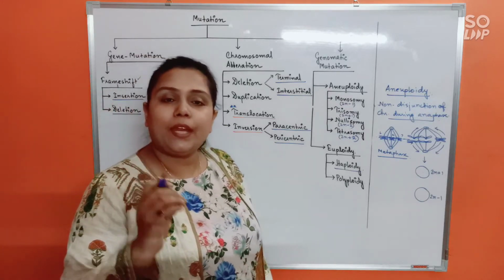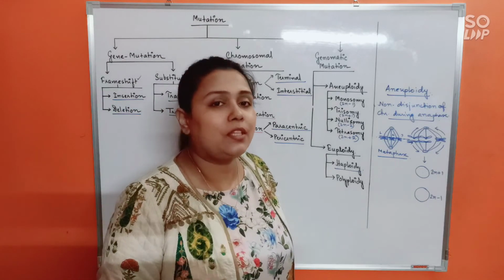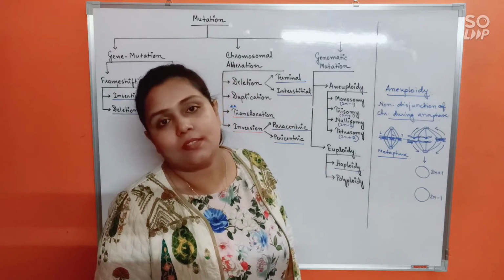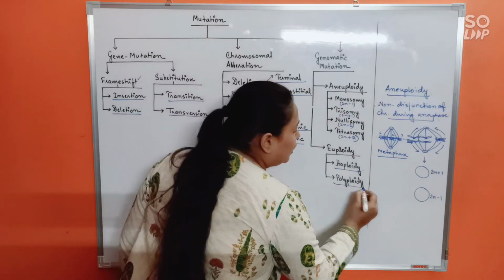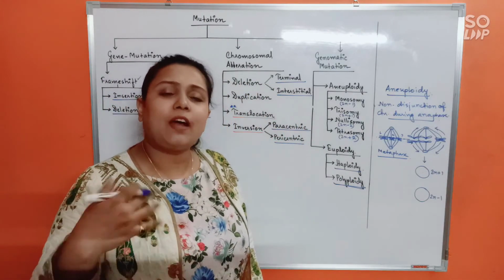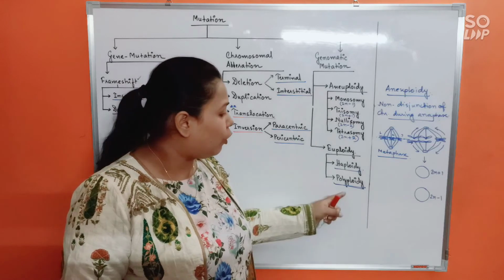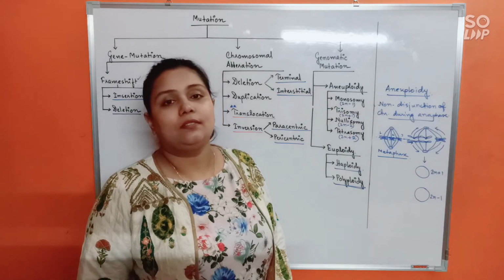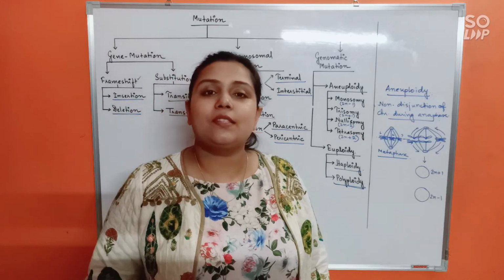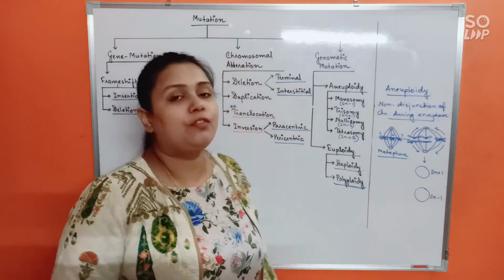Whenever a cell has more than 2 sets of chromosomes, we call it polyploid, so that is called polyploidy. That's all regarding the different types of mutation.